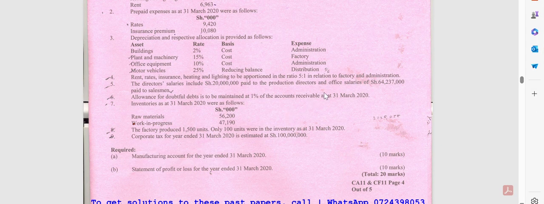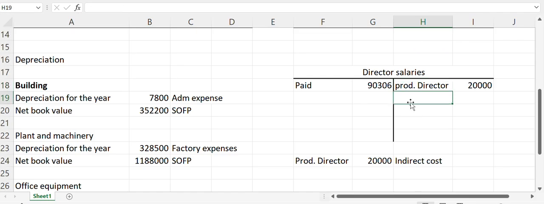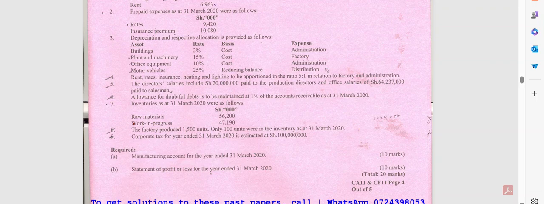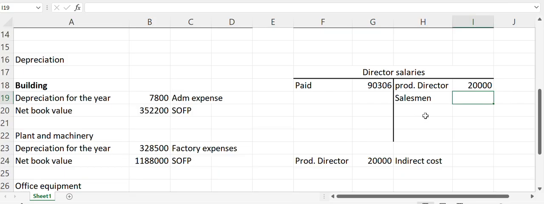And then the other one is office salaries. So office salaries of 64,237 paid to salesman. This will be distribution. So salesman, this is selling and distribution expense. Okay, so the figure here is 64,237.